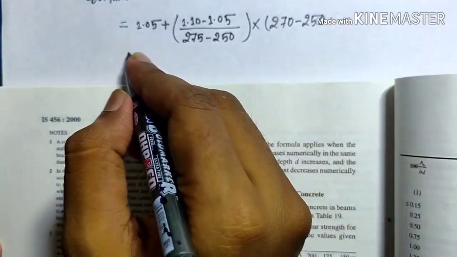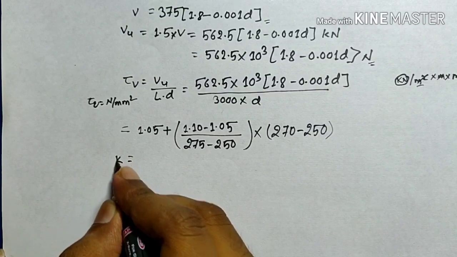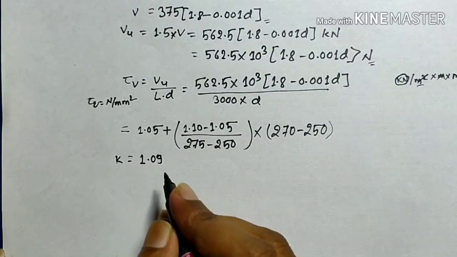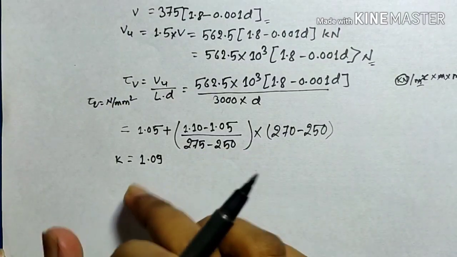Solve this, we will get the value of k equals to 1.09, which will be between the value of 275 and 250.